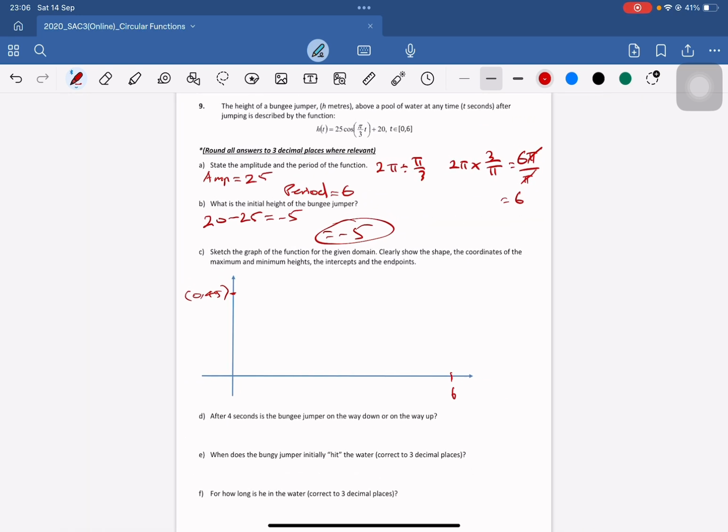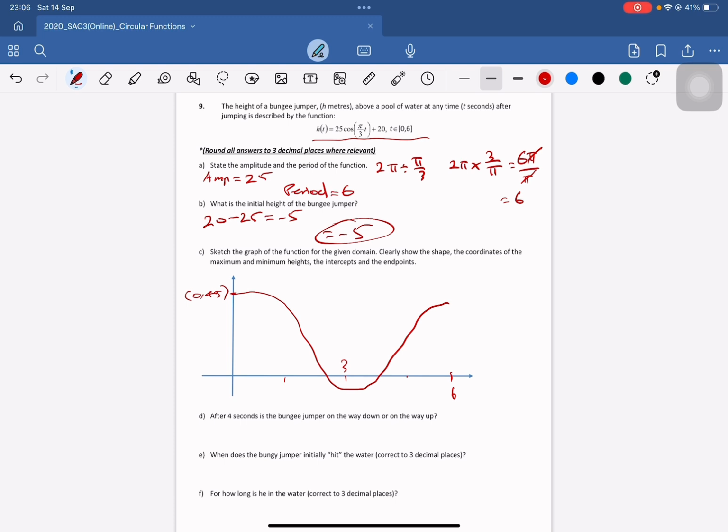Now this is a cos graph. And so it's going to start like this. It's going to come down, and it's going to go like that. So that's going to be our graph. And over here is obviously going to be 3. Here and here's going to be just 4.5 and 1.5.